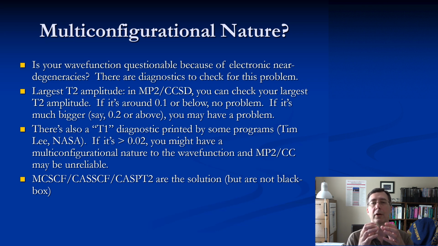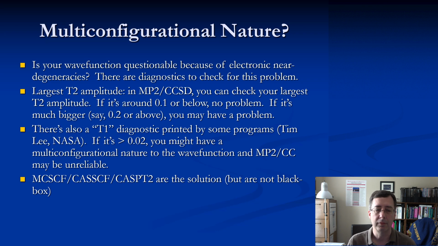Maybe I'm in some transition state where I'm breaking some bonds and forming some bonds, and I'm not sure if the bond breaking and bond forming processes will allow another electron configuration to have similar energy or not. In that case, there are some techniques you can use to try to diagnose a potential multi-configurational nature of the system, and I'll just mention a couple of them here.